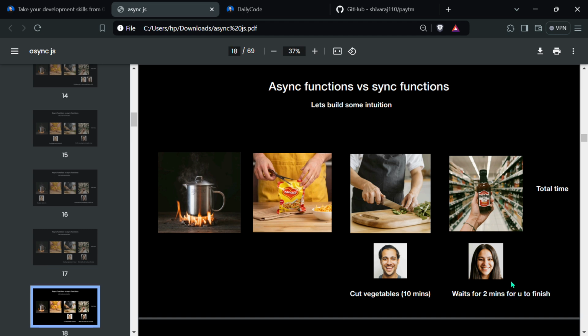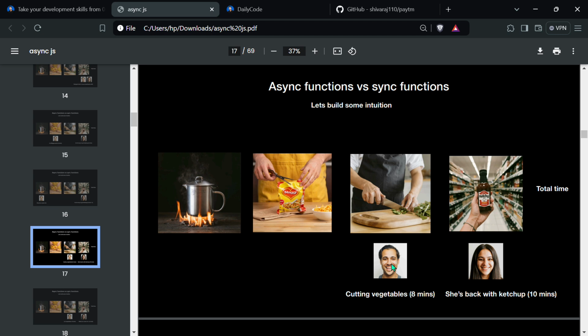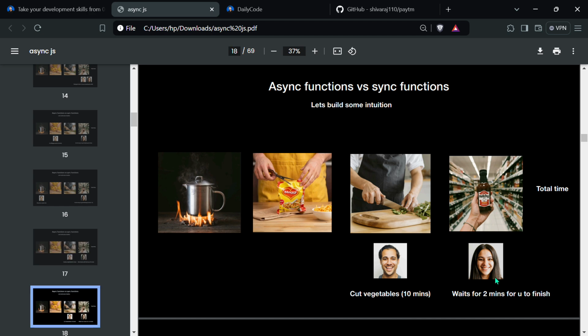She waits for 2 minutes because cutting the vegetables would take 10 minutes.